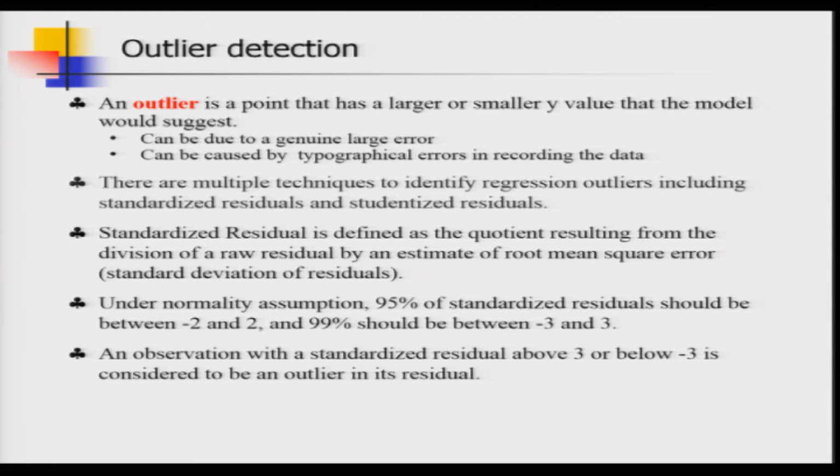So, if we find an observation with a standardized residual value above 3 or below -3, then it can be considered as an outlier. Now, outlier is also related with a concept which is called leverage. What is leverage?